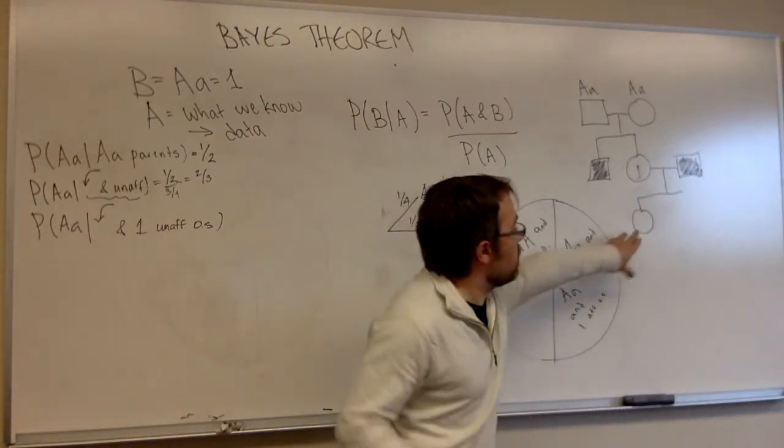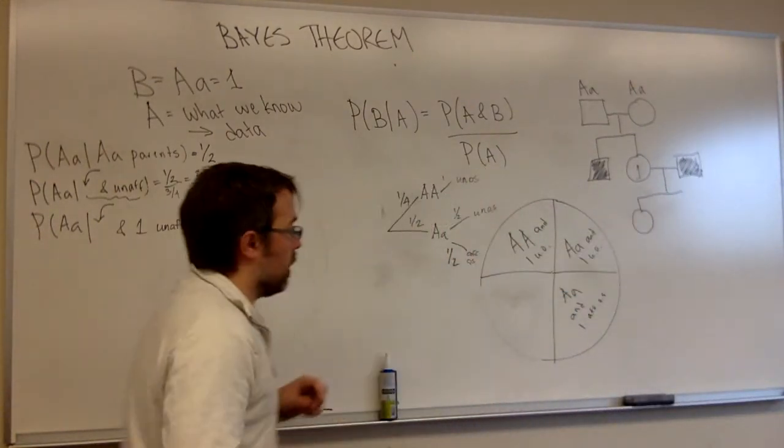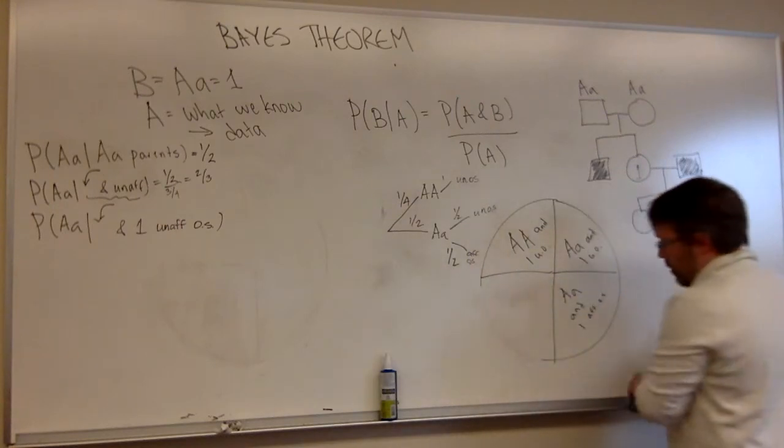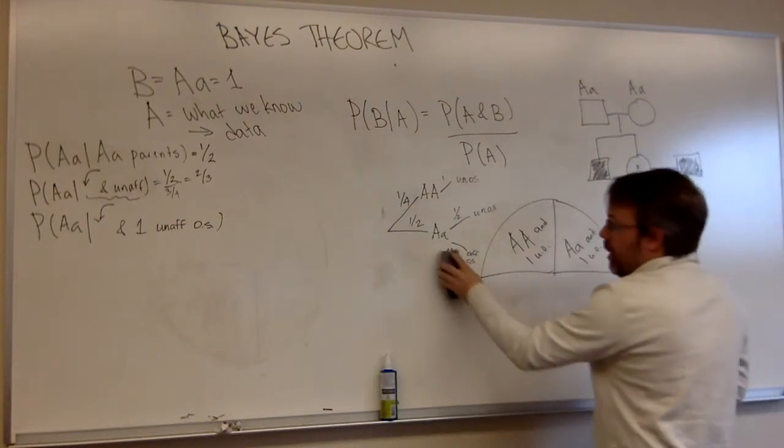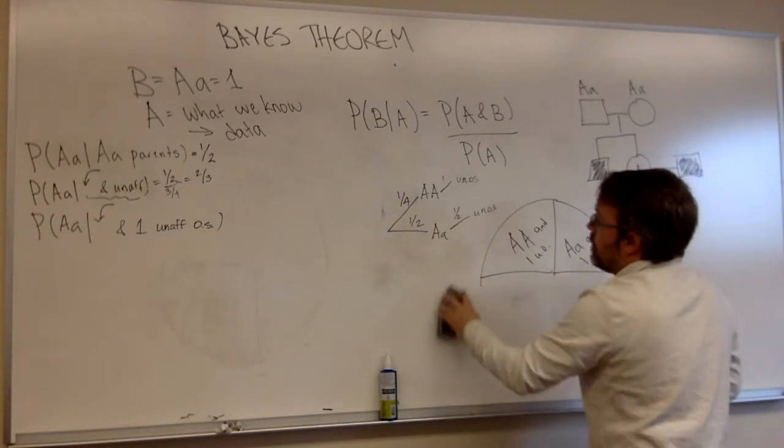Okay, but because we know that this individual had an unaffected offspring, we can erase stuff. So we can erase the affected offspring here, and we can erase this path down here.